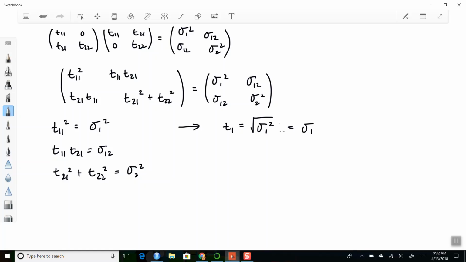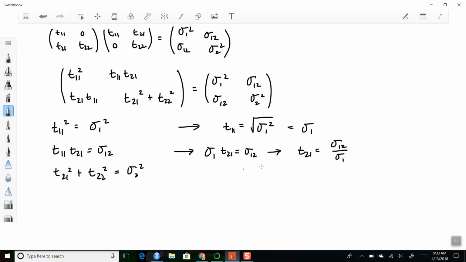And if I have that, then sigma 1 times T21 is equal to sigma 1,2. So T21 is going to be equal to sigma 1,2 divided by sigma 1.